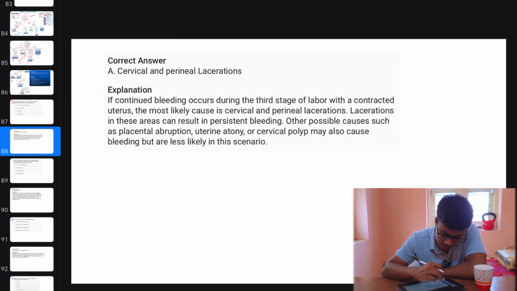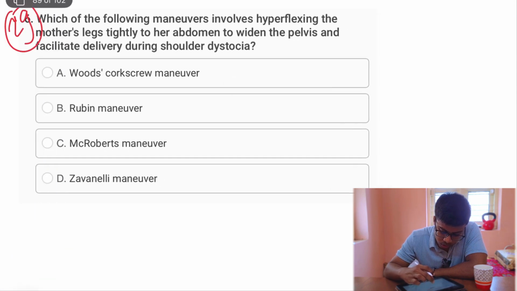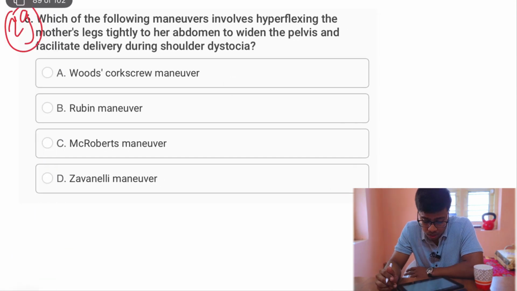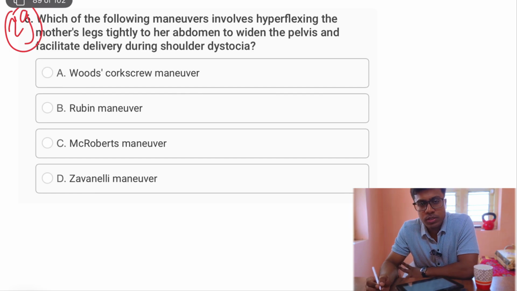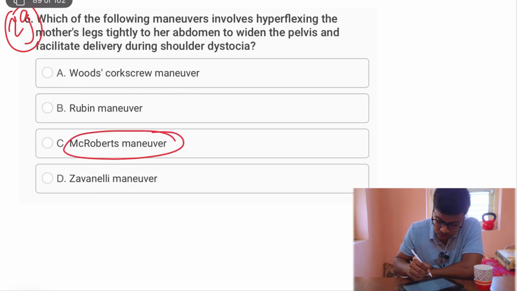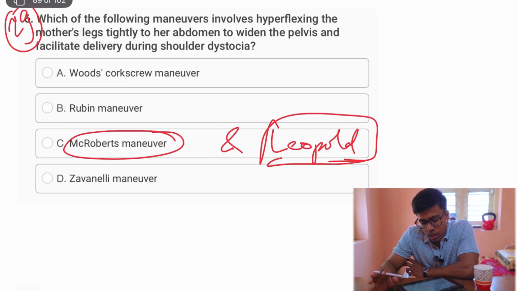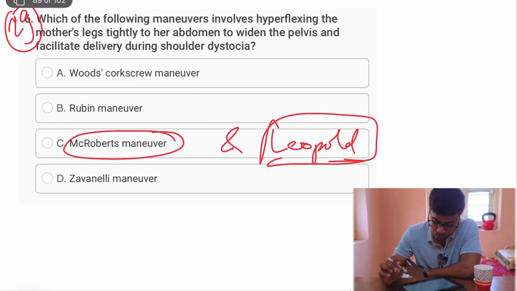This is the discussion. Then 29 question. So maneuver. Coming to the maneuver questions, there are only 2 maneuvers. They are most commonly asked always. One is McRoberts and another is Leopold's. Leopold's I am not discussing, it's very easy and you must have done it a lot of times.